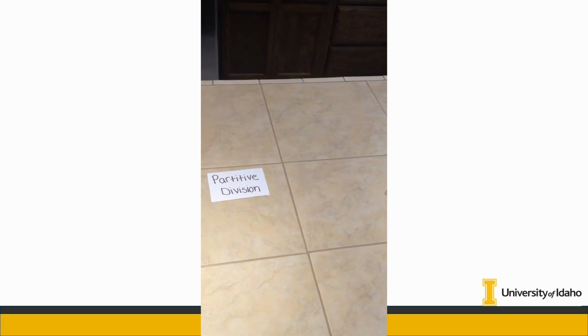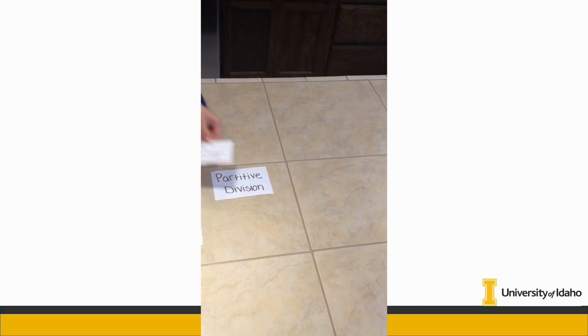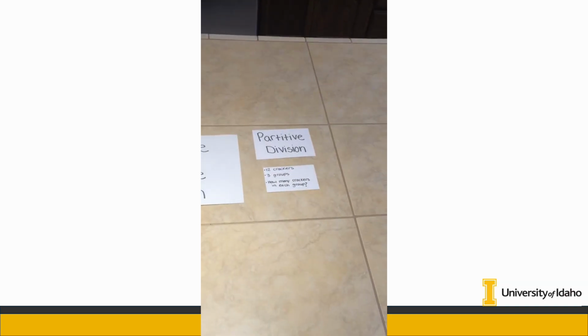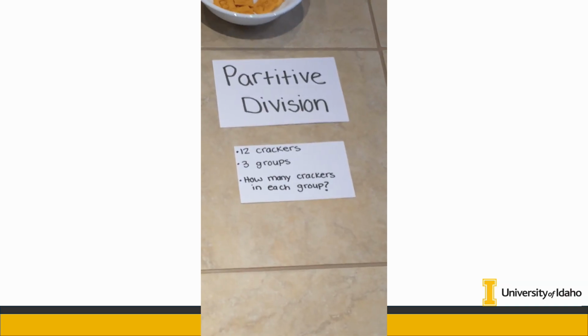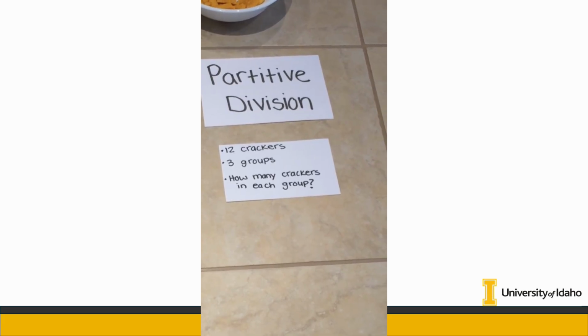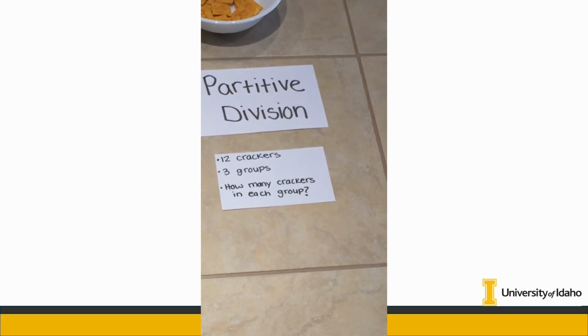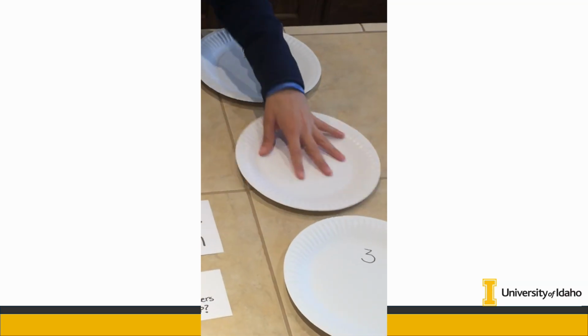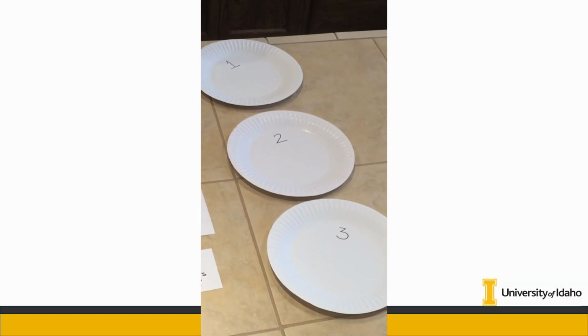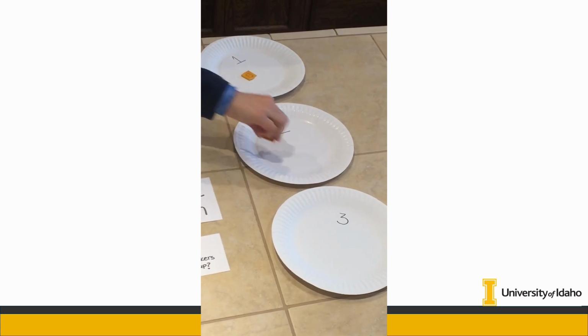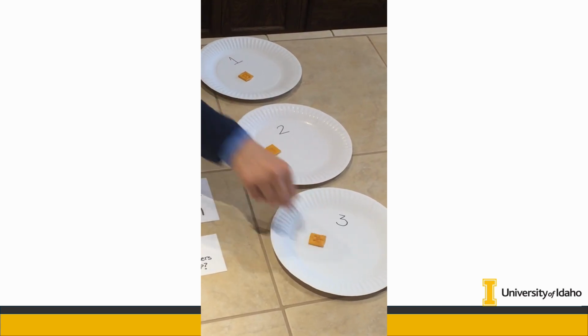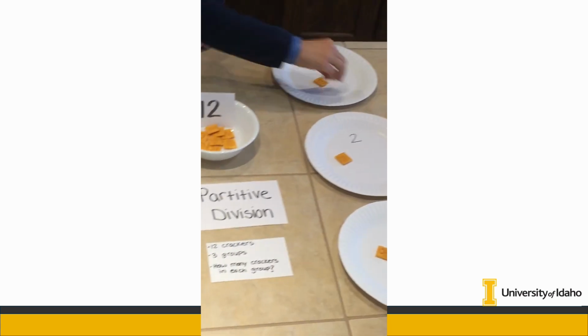So for the cracker example, we are going to have 12 crackers, and we know that we have 3 groups, and we need to figure out how many crackers will be in each group. So here are my 3 groups, 1, 2, 3, and I need to evenly distribute my 12 crackers into these 3 groups. So I'm going to start off by putting 1 cracker in each group, and I still have some left over, so I know I can make a second group.